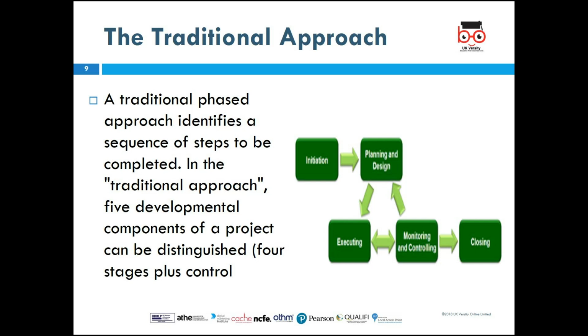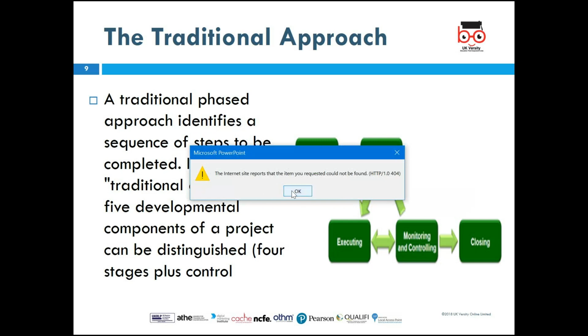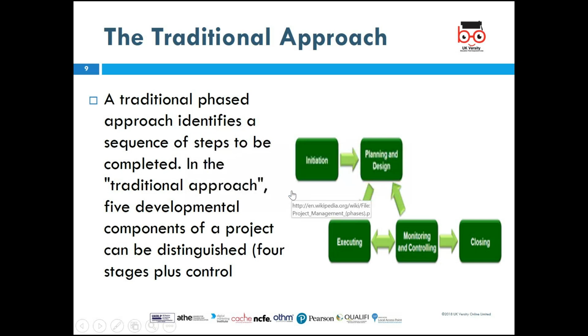We have got 4 stages plus the control stage, which start from the initiation of the project, planning and design of the project, you execute the project, you monitor and control, and if the things don't go the way it should go, you go back to the design, planning and design phase, come down to the execution, monitor and control.